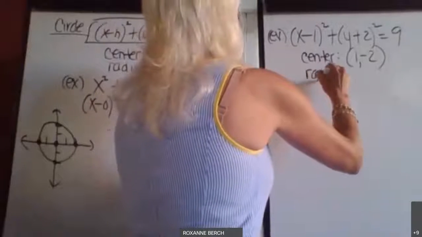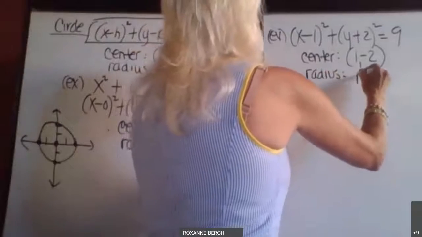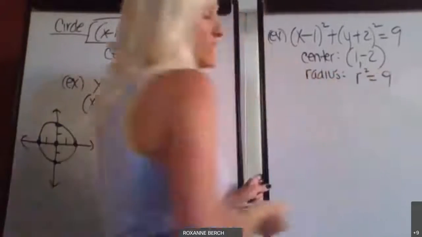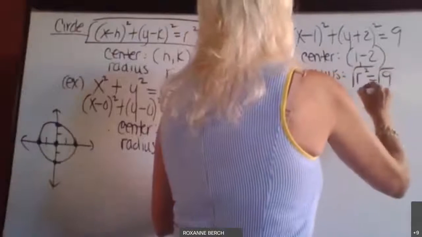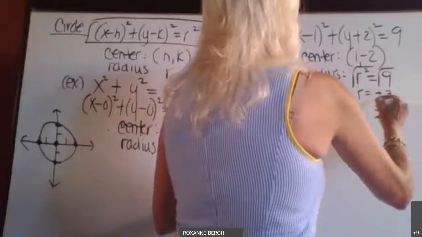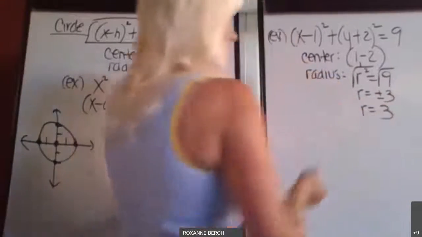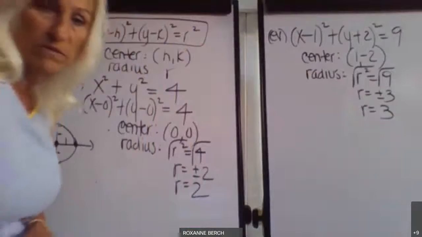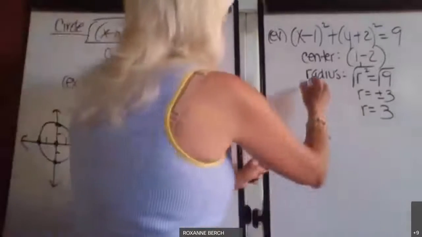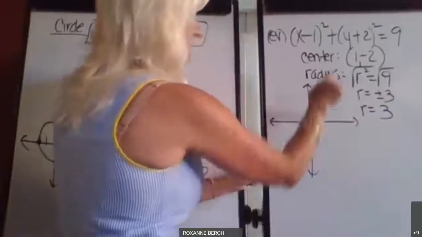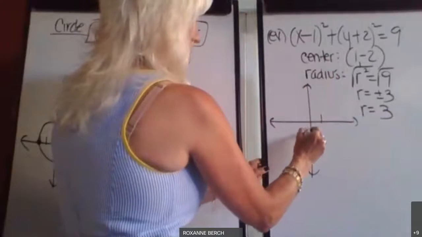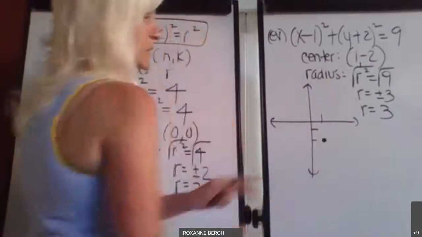The radius is r squared equal to 9. So when we take the square root, we get plus or minus 3. So since the radius is the length, it would be 3. So we draw the graph. The center is at right 1, down 2.